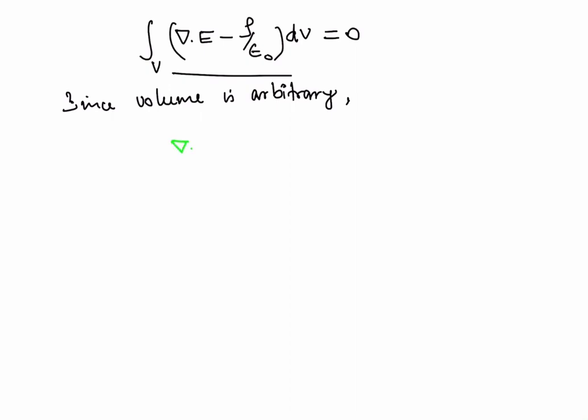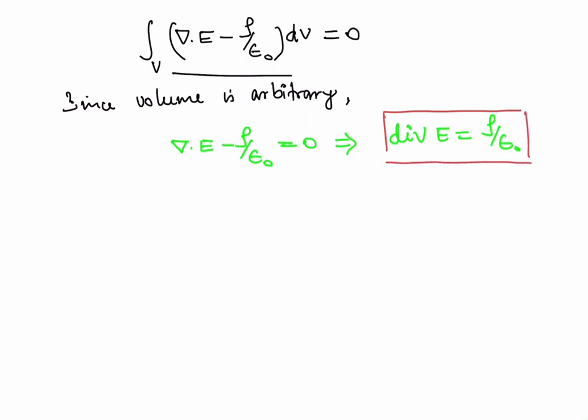Therefore del dot E minus rho by epsilon naught is equal to 0. That is, divergence of E is equal to rho by epsilon naught. This is the differential form of the Gauss theorem.